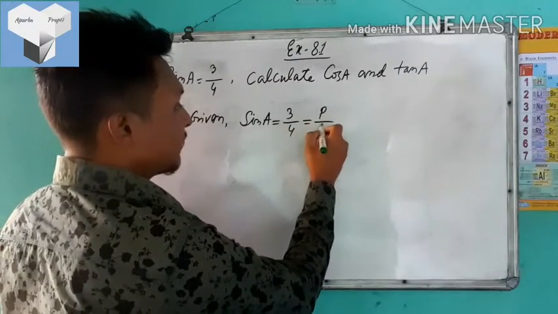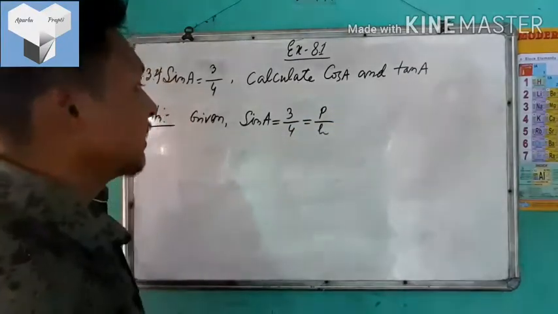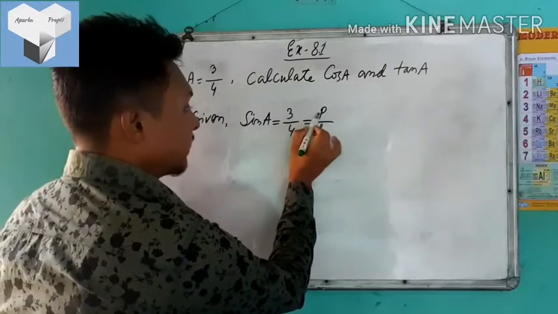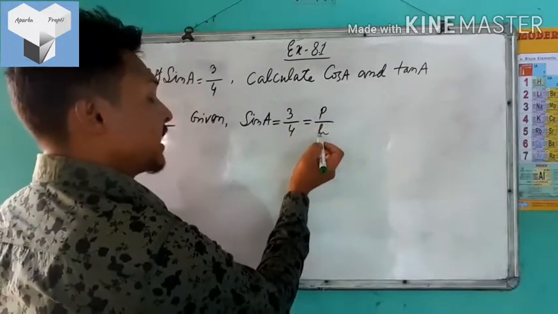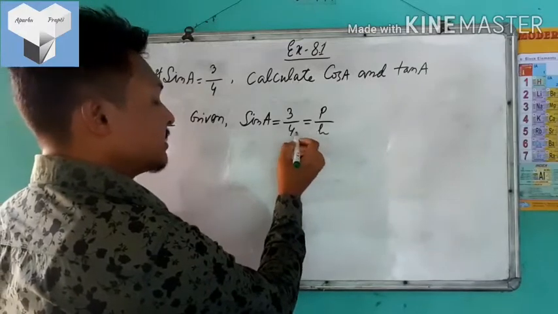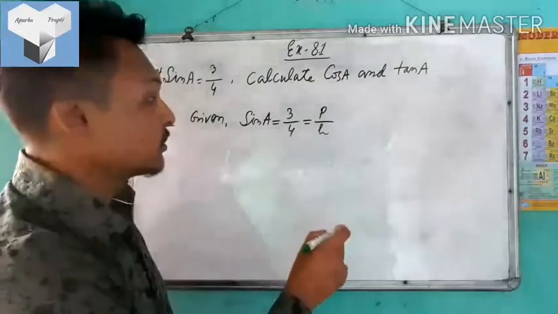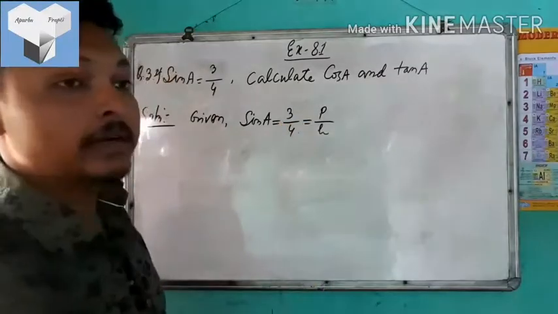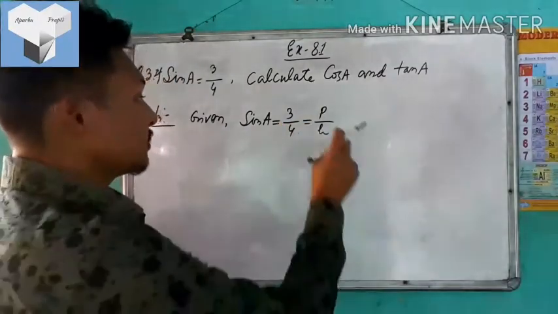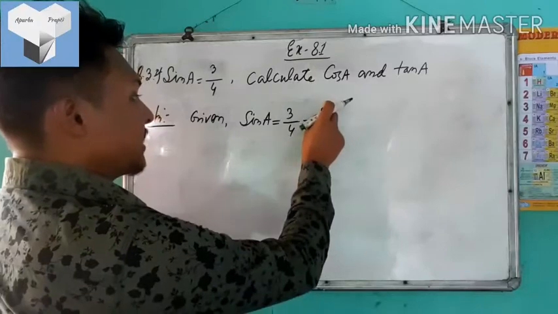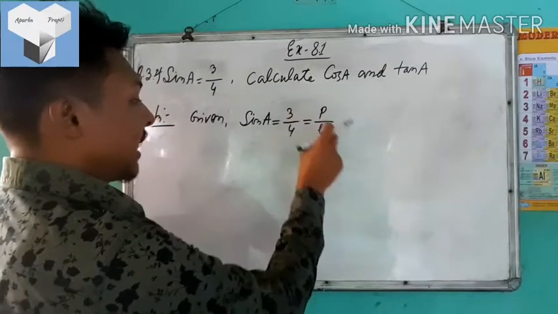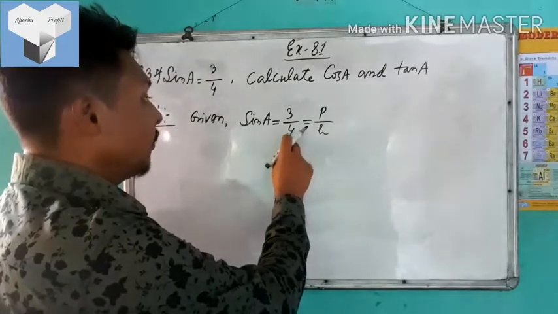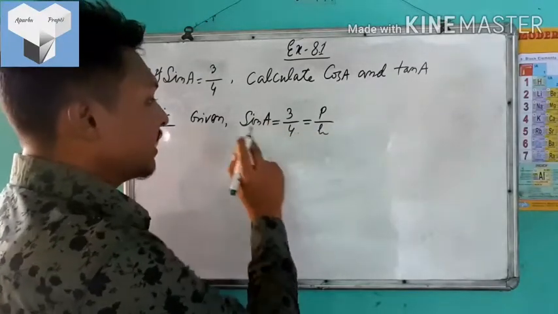P by H. That means in place of P, perpendicular, it is 3, and in place of hypotenuse H, it is 4. So here we shall draw a right angle triangle whose length of perpendicular is 3 unit and length of hypotenuse is 4 unit with respect to the angle A.